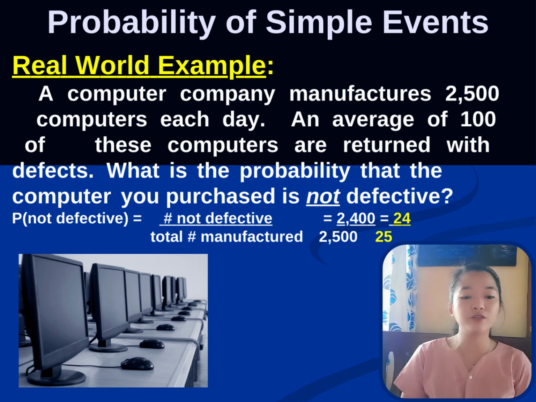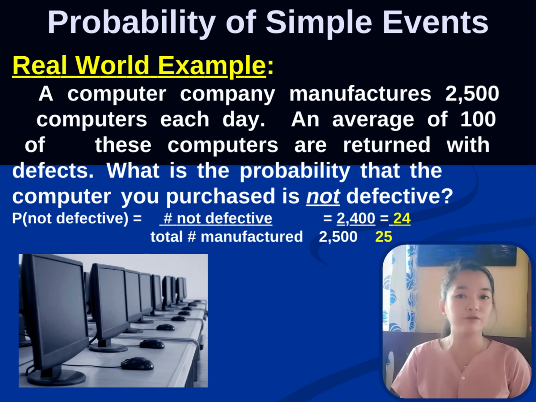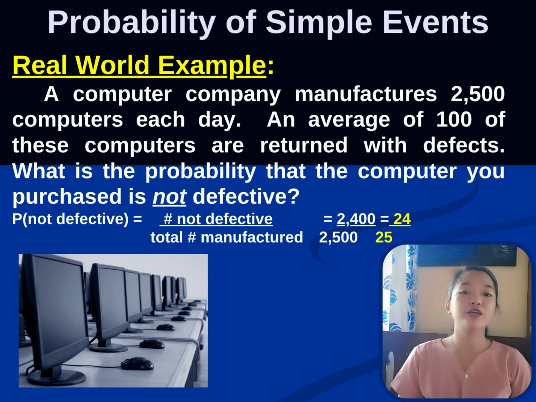So the 100 there is the defective one. Since we are looking for the non-defective, so 2,400 is our not defective over 2,500, which is the computers manufactured. So we can simplify 2,400 over 2,500 into 24 over 25. Therefore, the probability of not defective is 24 over 25.